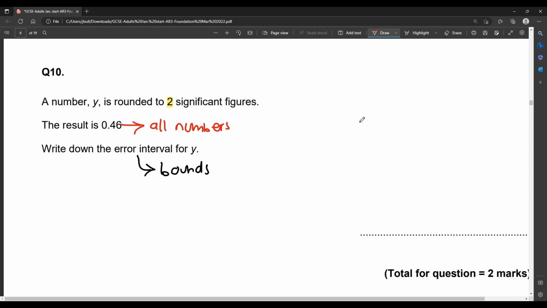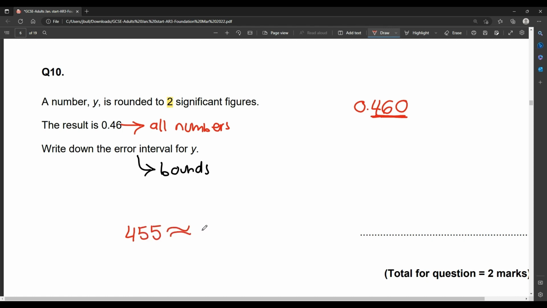How you would do this is I would usually write 0.46 as 0.460. It doesn't make a difference, it just makes it easier for me to see. So I want to know all the numbers that rounded, if I just look at this part, to 460. So 455 would be the first number.